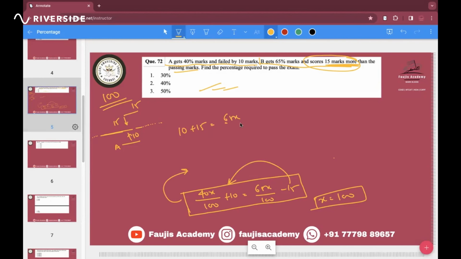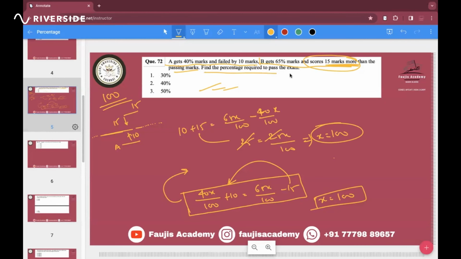So 65x divided by 100, this was plus, so it will become minus 40 by 100. This x, the 25, is equal to 25x by 100. This 25 is gone, which gives x is equal to 100. Right?